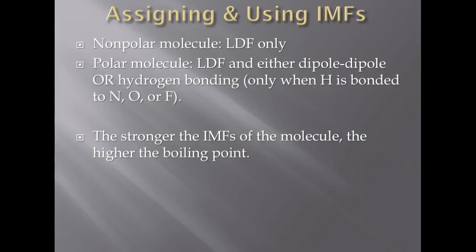To be capable of hydrogen bonding between molecules, you've got to have that hydrogen atom bonded to one of those three elements, nitrogen, oxygen, or fluorine, the most electronegative stuff. And why do we care? Because your intermolecular forces determine what happens at phase changes, like how much energy is required. So the stronger the intermolecular forces the molecule has, the higher the boiling point and melting point are expected to be.